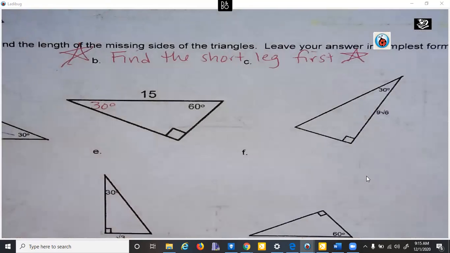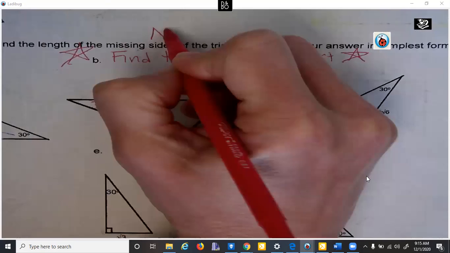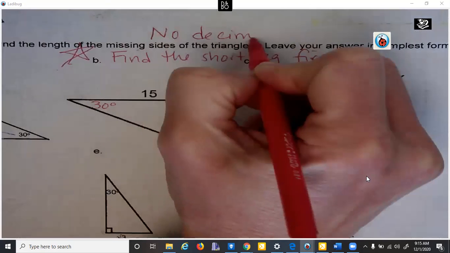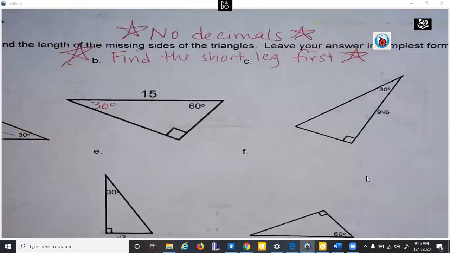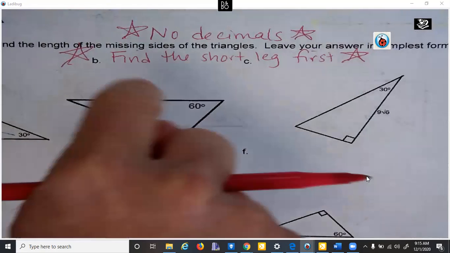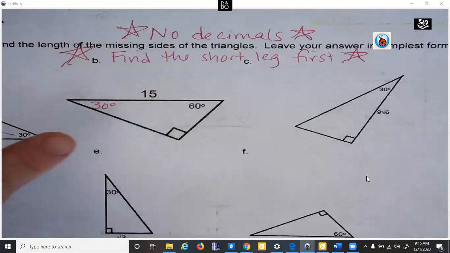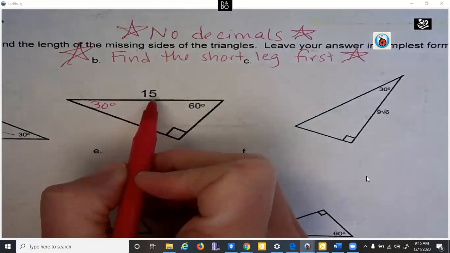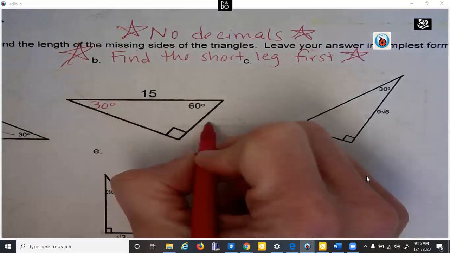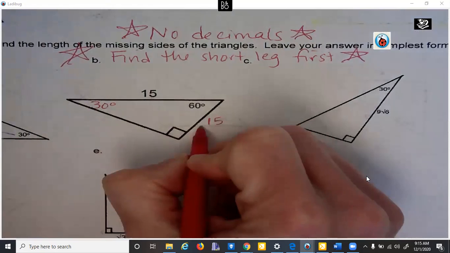All right. Also, no decimals on these. And the reason I say that is because when you take a test, especially the ACT or SAT, they aren't going to have decimals on these problems. Okay, they're going to have fractions and square roots, so no decimals. So what is half of 15 in fraction form? It's 15 over 2, okay?